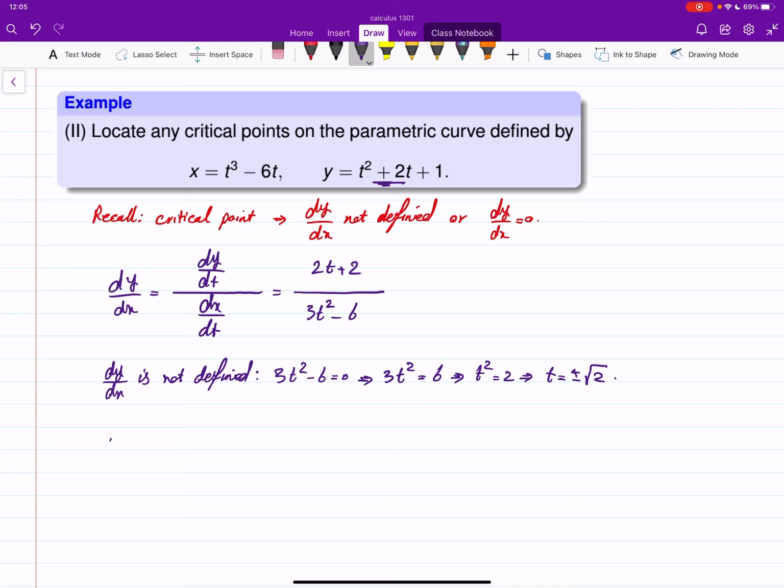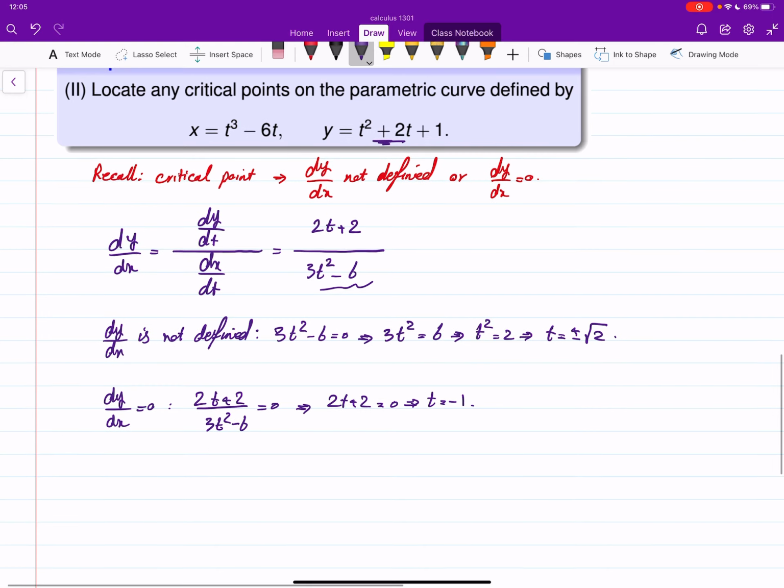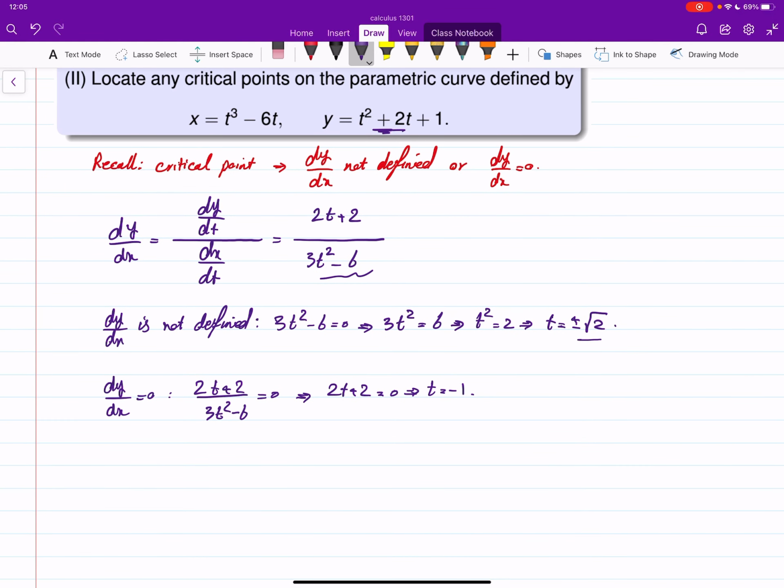And the points where dy/dx is equal to 0: this is 0 when the numerator is 0, and that means that t must be negative 1. So for three values, t equal to plus root 2, minus root 2, and t equal to negative 1, we have critical points. Now we have to find the x component and y component of these.